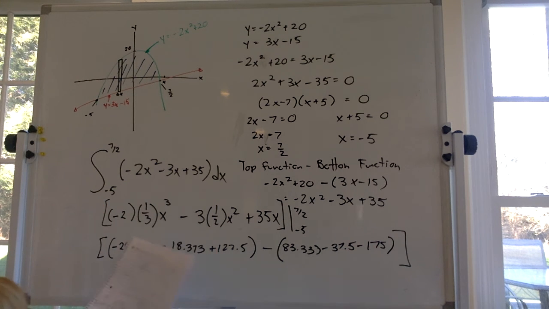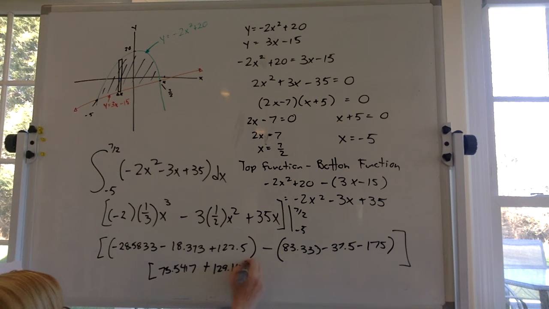So the first time around, I plugged in 3.5 for x, and then I had to subtract what I got by putting negative 5 in for x. So what did I end up getting? I ended up getting 75.5417 for this, minus, or plus, it came up to a plus 129.167.